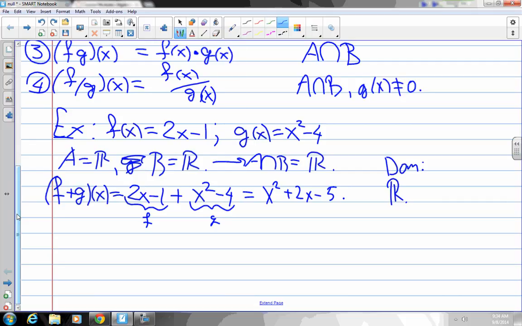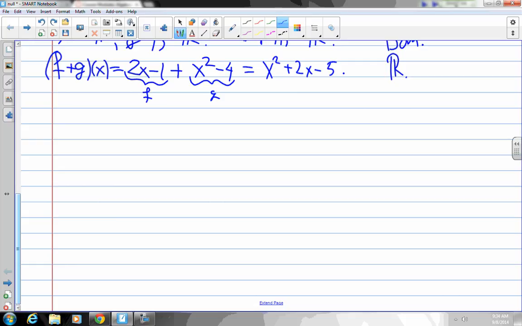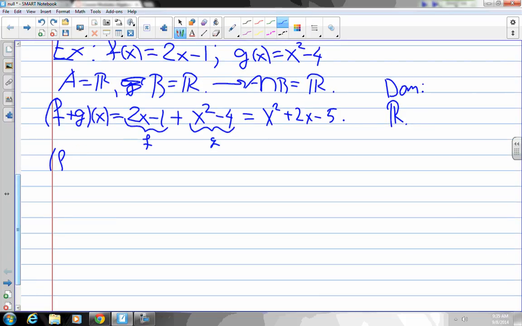All right. Now, with the difference, you have to be a little bit careful. So it's f minus g of x. So that means I have to subtract the entire function g, right? So the way you express that, if you want to subtract the entire function, you have to put that function in the parentheses to make sure you're actually subtracting the whole thing, so the negative gets distributed and all signs change in the process.